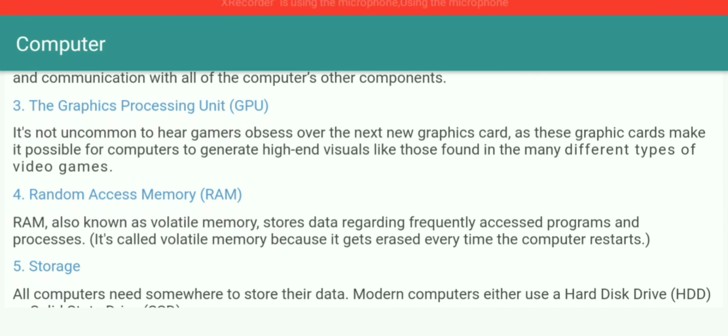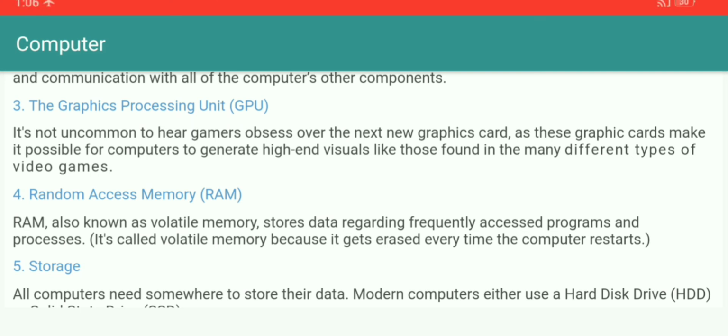Kahit sa cellphone, meron din itong tinatawag na RAM mga kaibigan. So, ang RAM, also known as Volatile Memory, stores data regarding frequently accessed programs and processes. It's called volatile memory because it gets erased every time the computer restarts.